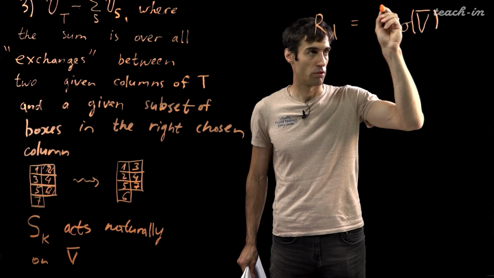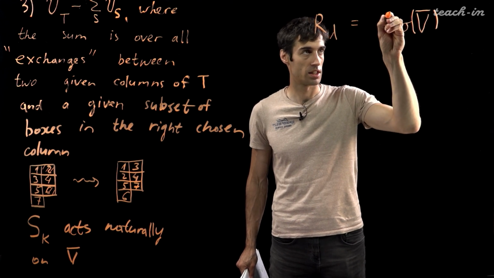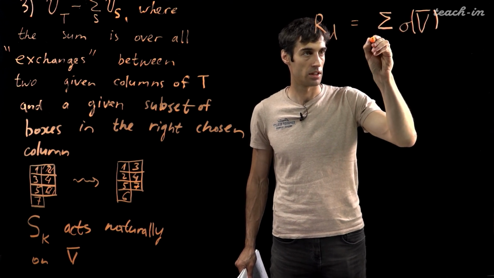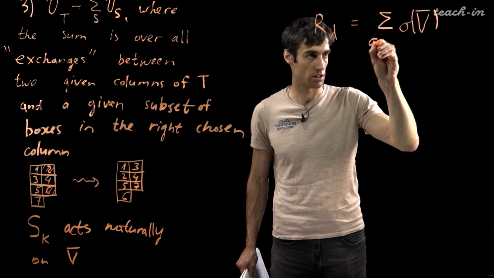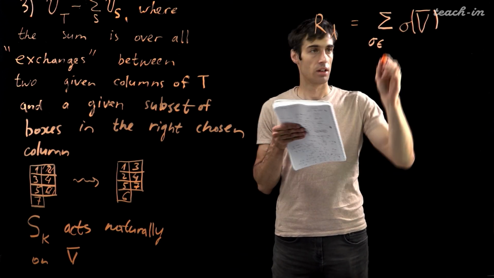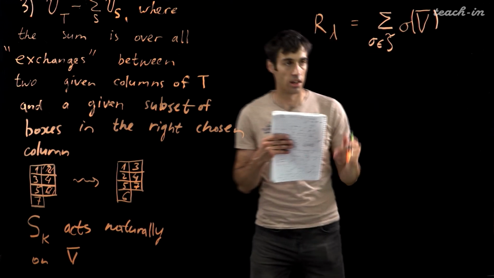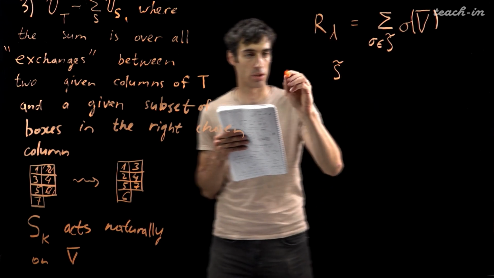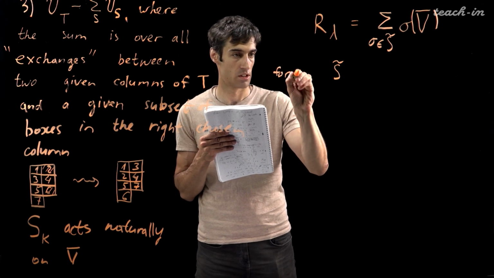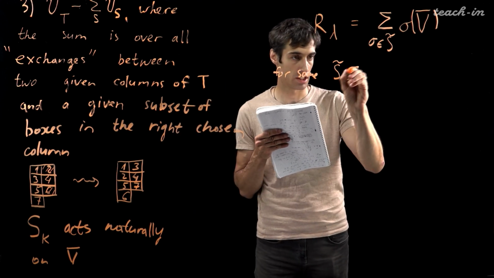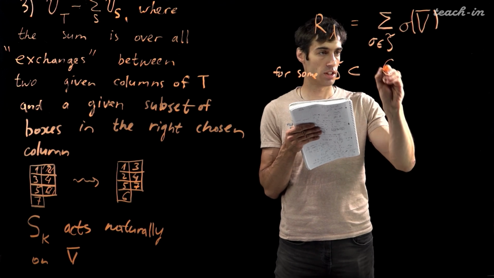So let me first write a formula. It's the sum, where sigma is from some subset S tilde, right? For some S tilde subset of C of Sk.